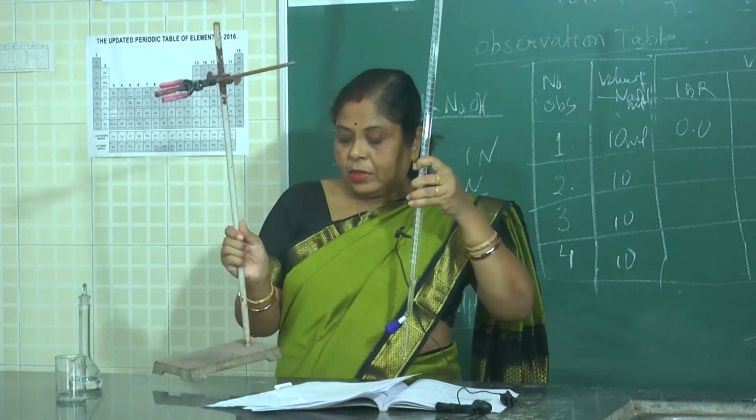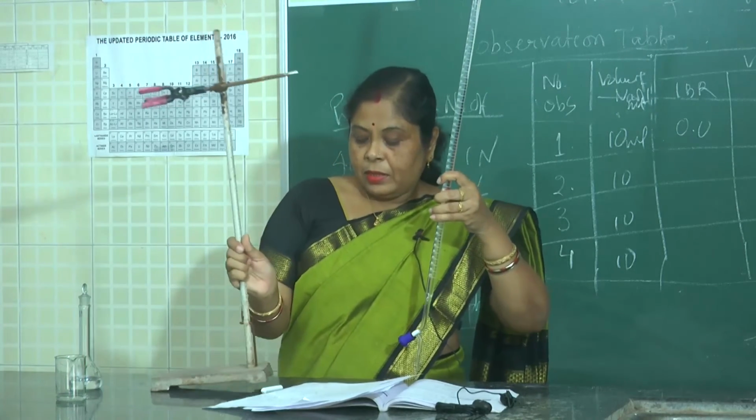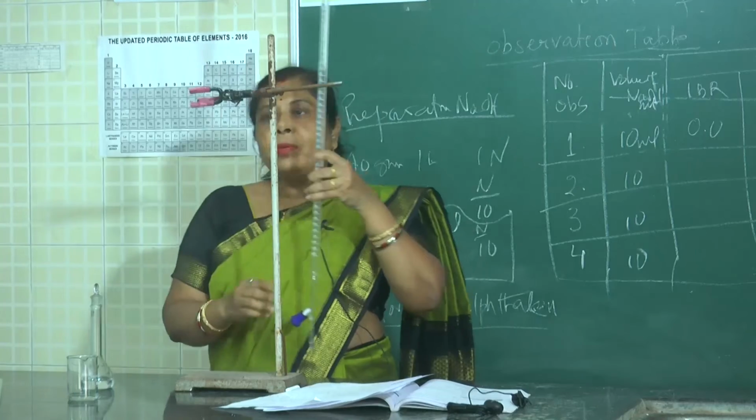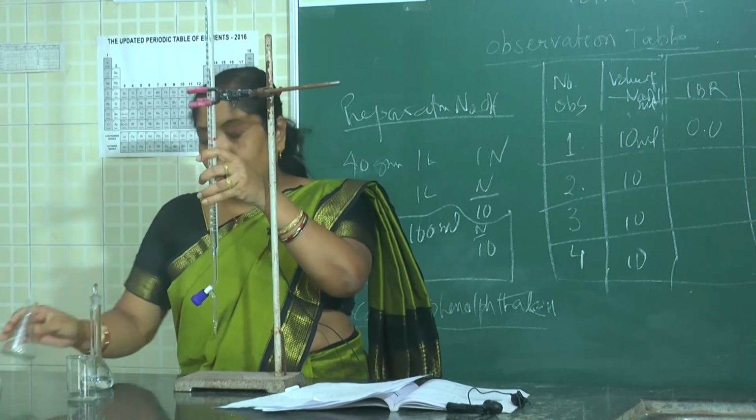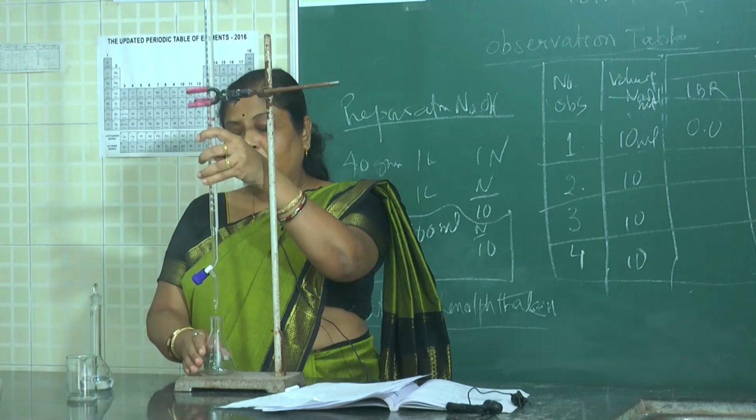Now you know this is a burette stand. We have to fix the burette with the knob towards the right hand and place the conical flask below it.